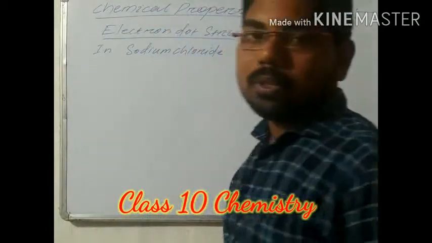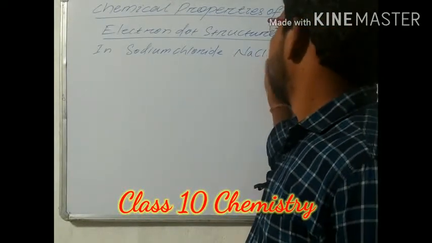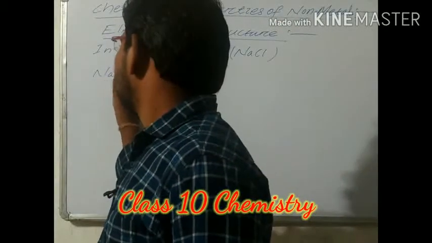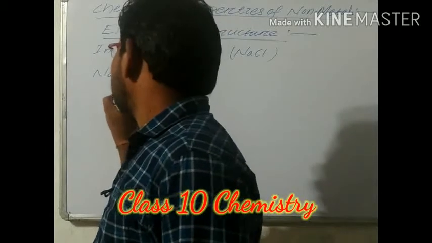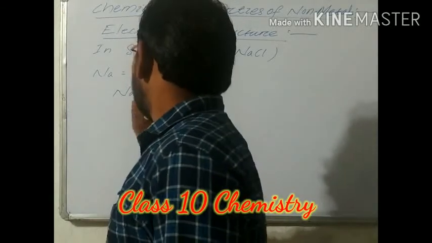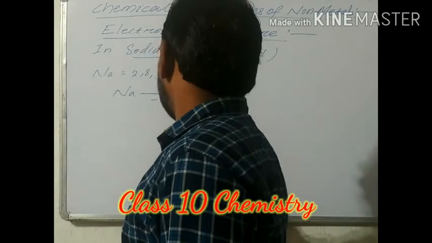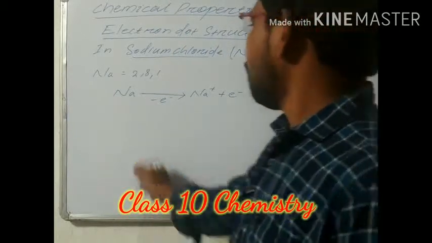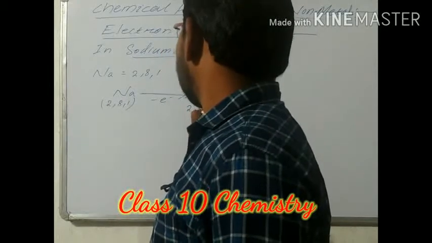What is the formula of sodium chloride? NaCl. Sodium, 2, 8, 1, loses 1 electron and forms a sodium ion, Na plus. Their electronic configuration is 2, 8, 1, and after losing an electron it is 2, 8.